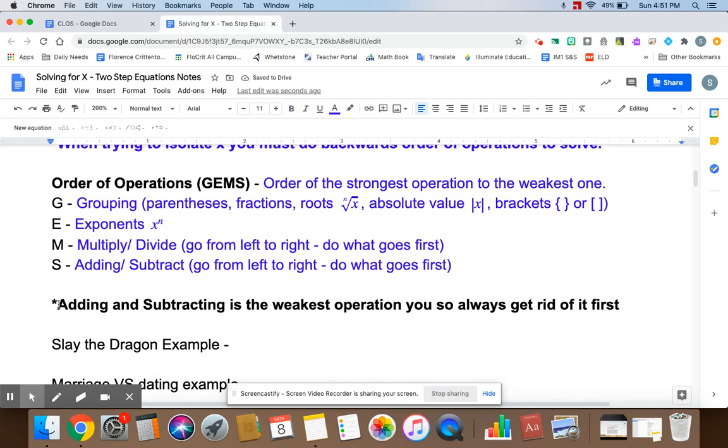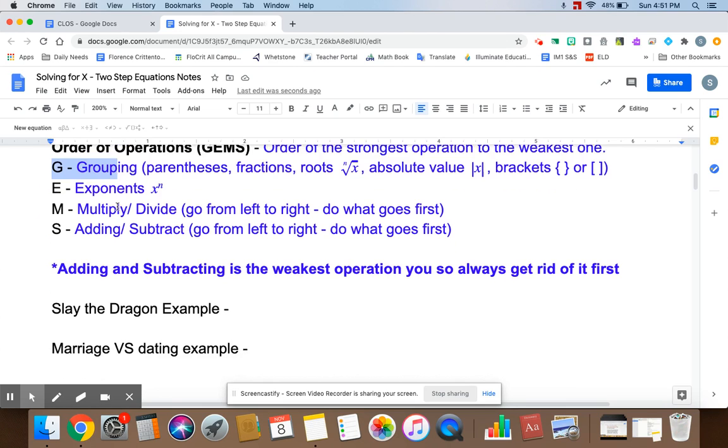Which means if adding and subtracting is the weakest operation, you always get rid of that one first. Because instead of doing this one first, going forward, we're solving for x, so we go backwards and we do this one first. Then this one, then this one, then this one.